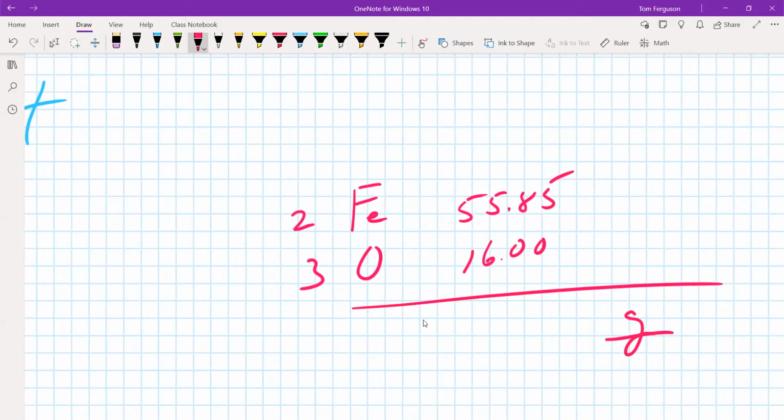So we have 2 irons at 55.85 a piece, plus 3 oxygens at 16 a piece. So we're looking at 159 grams per mole.